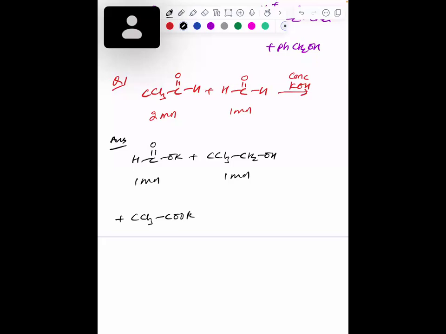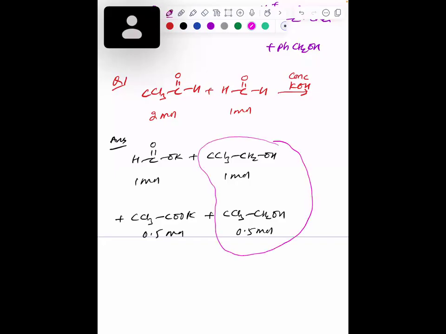The oxidation product is CCl3COOK, and the remaining reduction product is CCl3CH2OH. So it is 0.5 mole, and this is also 0.5 mole. In total, this one becomes 1.5 mole. So write on this, students. Quickly write on this.